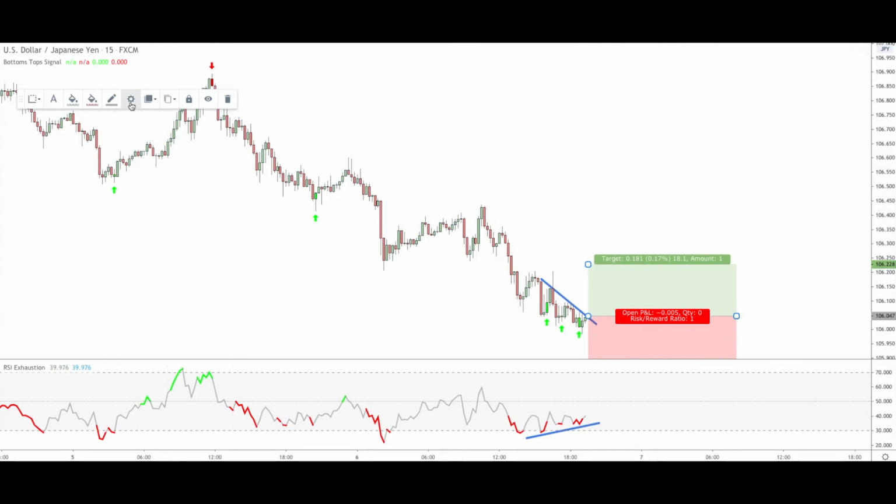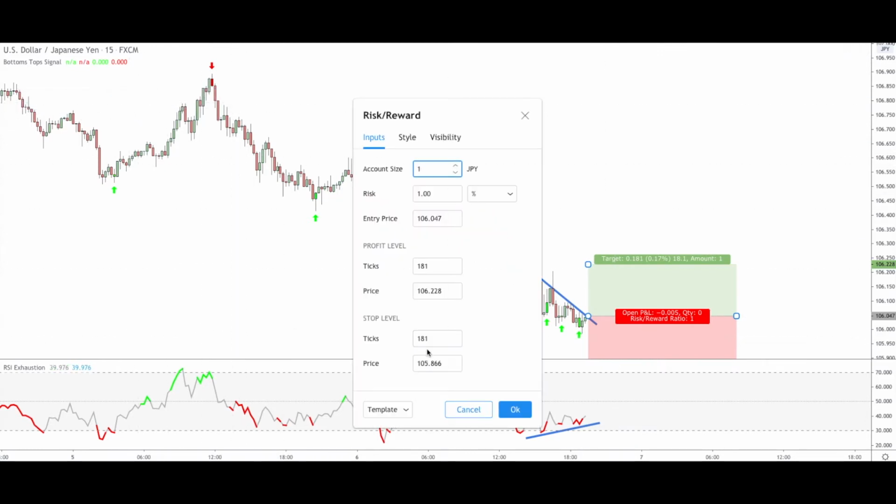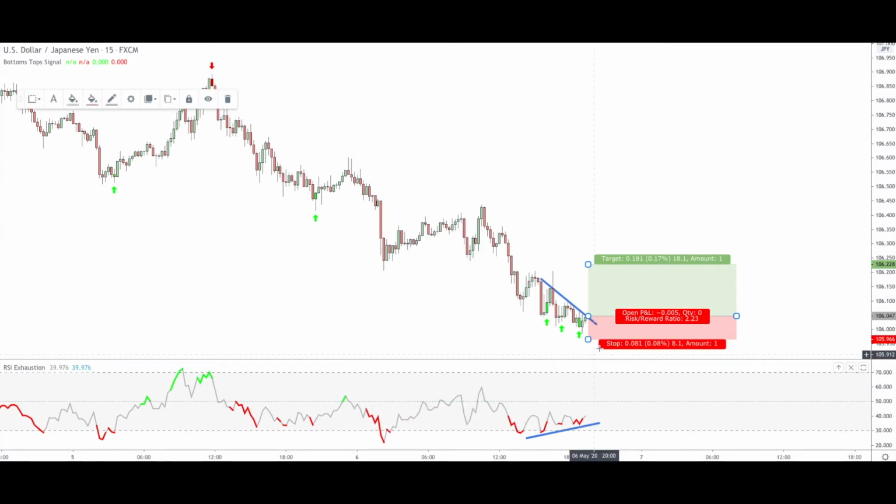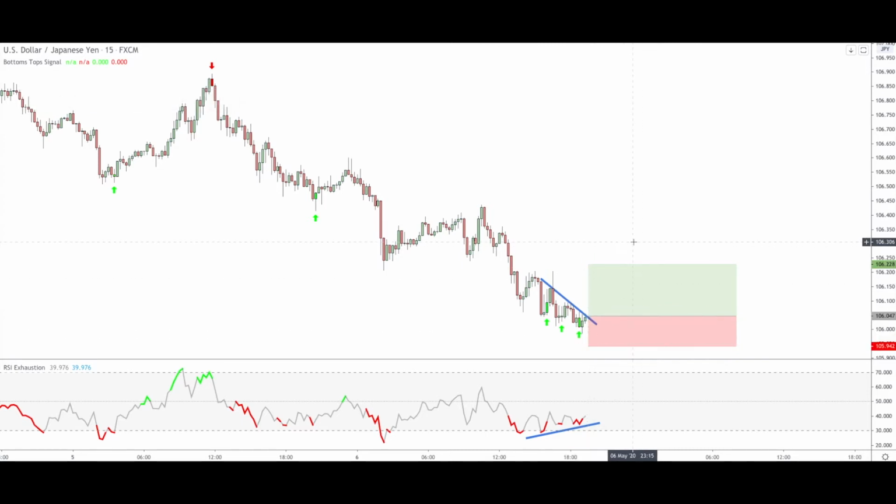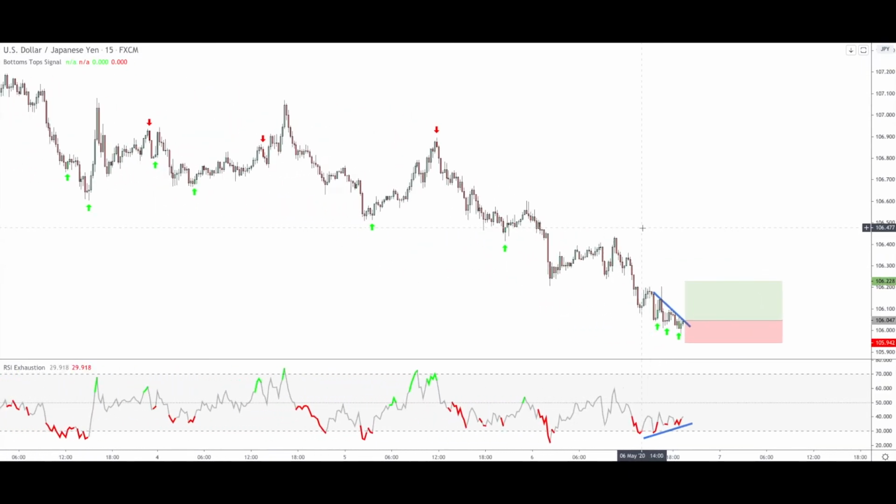Let's see the stop loss. The stop loss should be something like, let's see. Well, I will go a bit lower here. Probably, yeah, 0.1%. The target, well, the target should be, let's see.